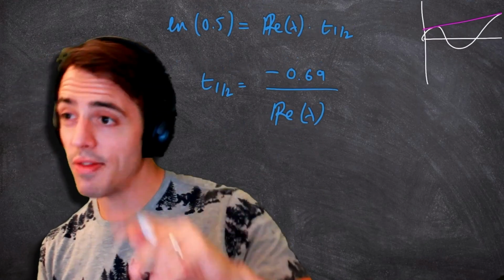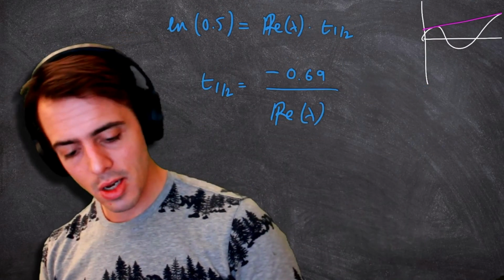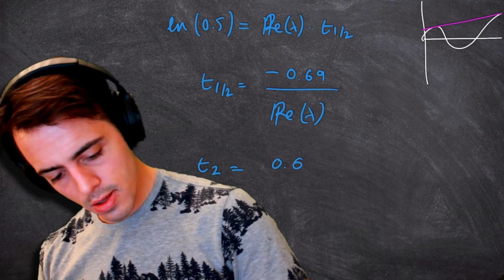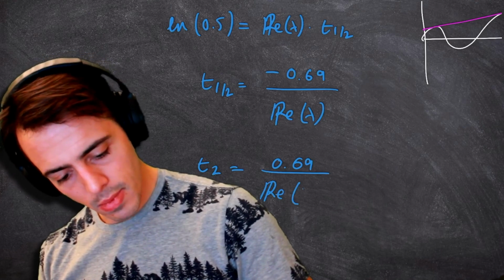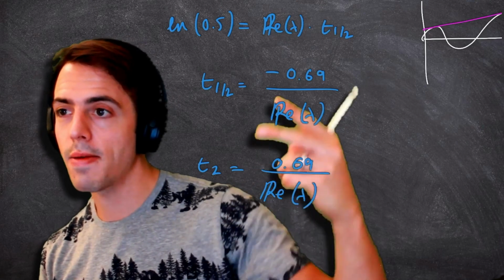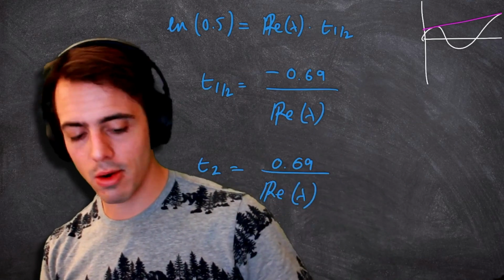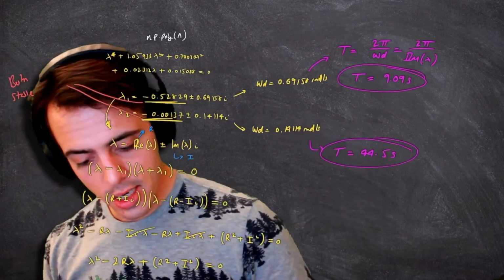Very similarly, if we have an unstable mode, we've got this increase, and we end up with the natural logarithm of 2, so t₂ is equal to 0.69 divided by the real part of our eigenvalue, which is not negative in this case. So we've got these two means that we can use to talk about our modes of motion.